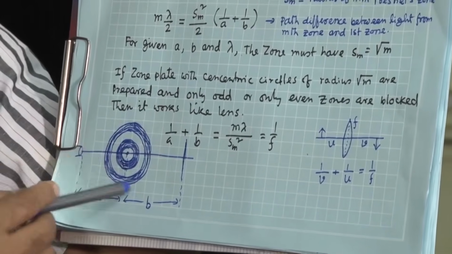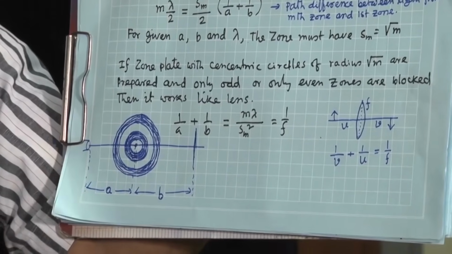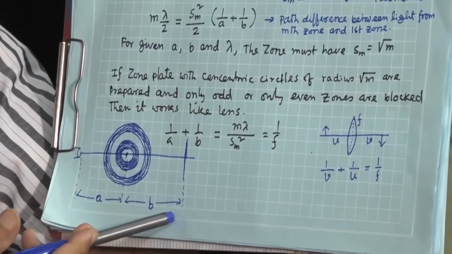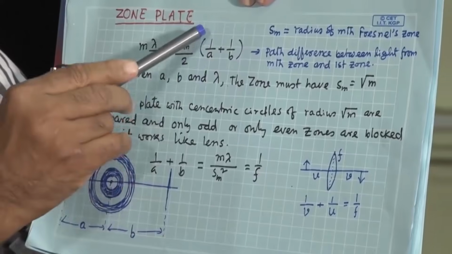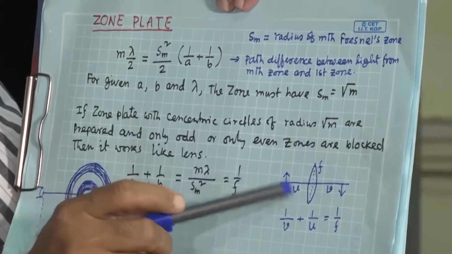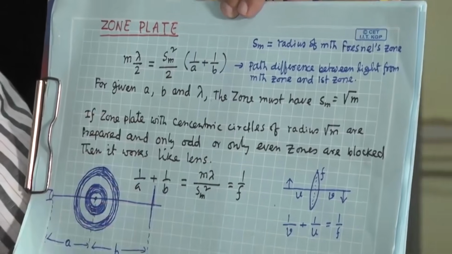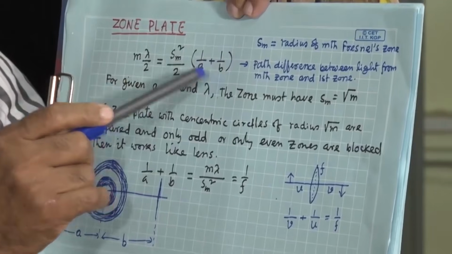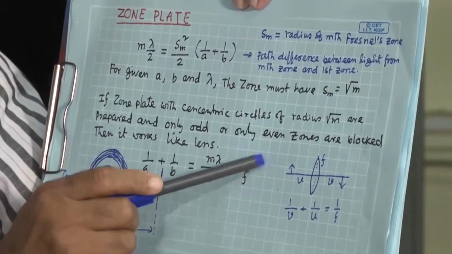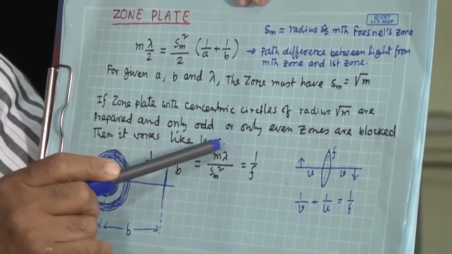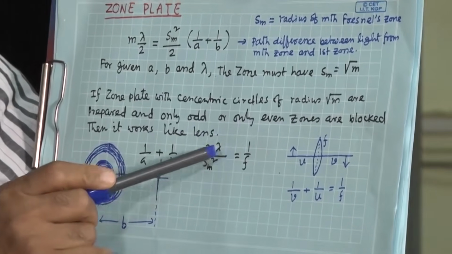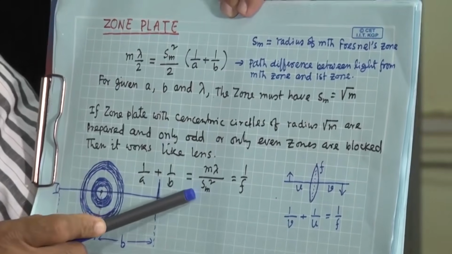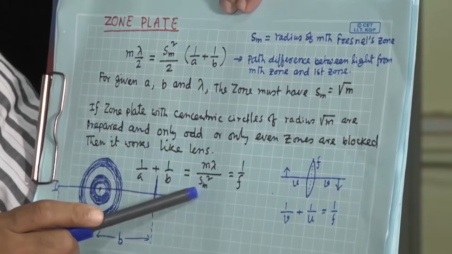As if the zone plate is the lens, A is the object distance and B is the image distance, just like 1 by U and 1 by V. If you equate A and B to U and V, it is like 1 by U plus 1 by V equal to 1 by F. So, 1 by F here is m lambda by Sm square, where Sm is the radius of the mth zone of the zone plate.